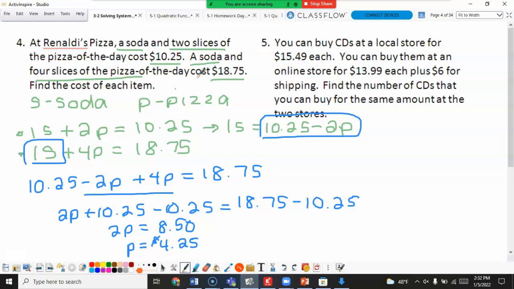Using that idea, I can solve for 1 soda. And see that a soda costs $1.25.